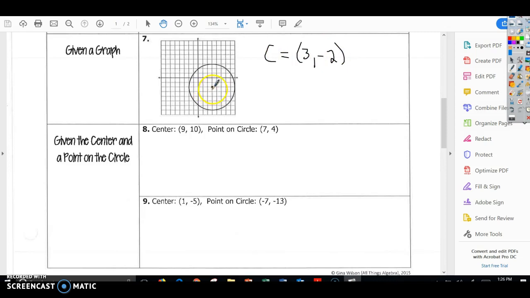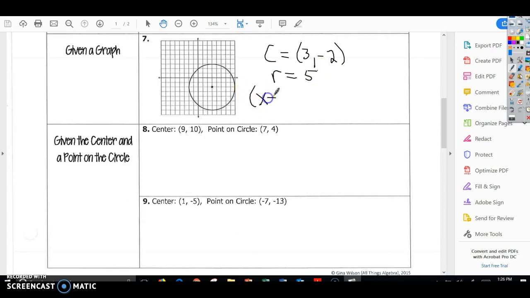And then we can count our radius from the center to any point on the outside. We probably want to go left, right, up, or down because that gives us an exact measurement. So we go 1, 2, 3, 4, 5. Our radius is 5.